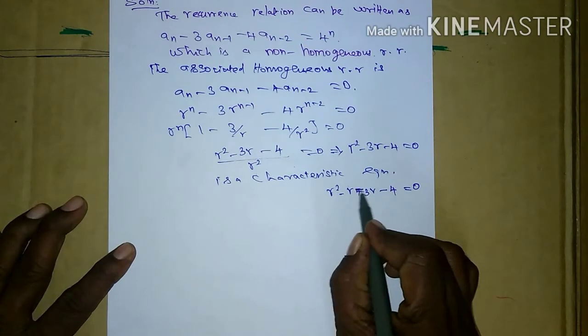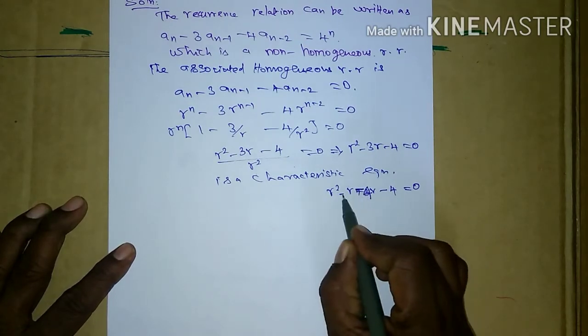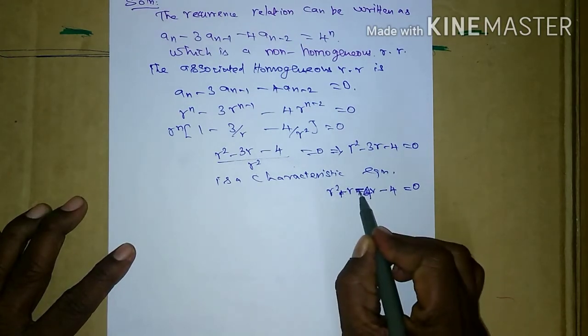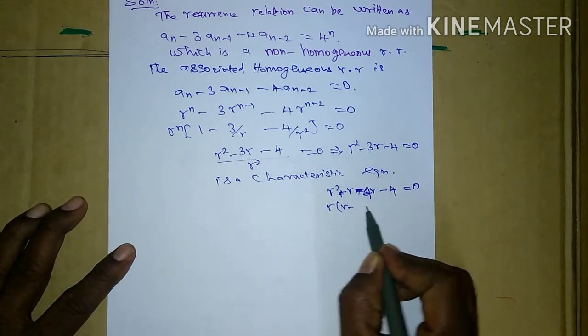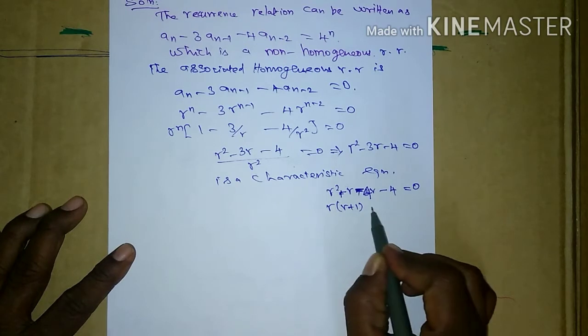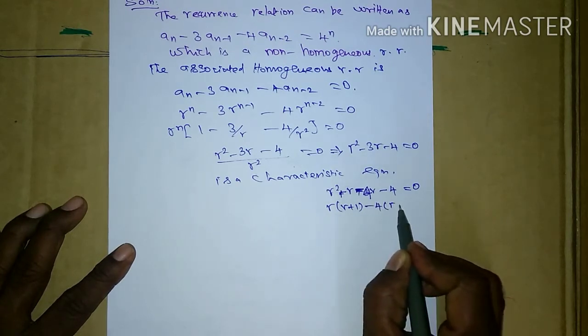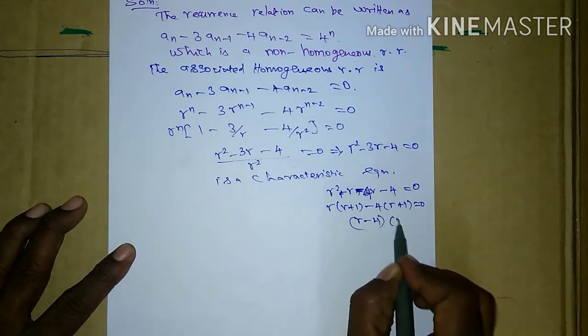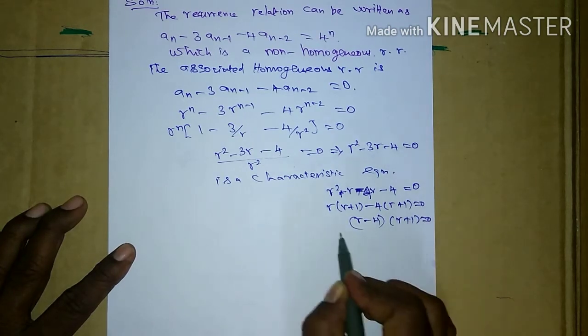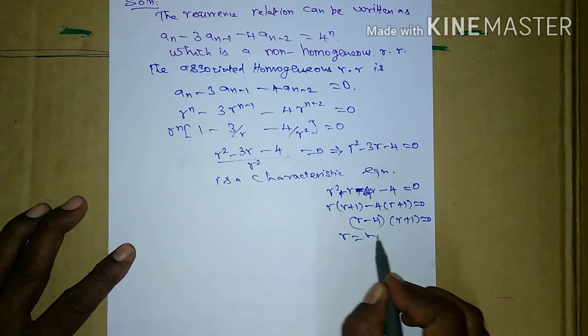Take r outside: r into r plus 1, minus 4 outside, r plus 1 equal to 0. Therefore, r minus 4 into r plus 1 equal to 0. R equal to minus 1 comma 4 are the roots.